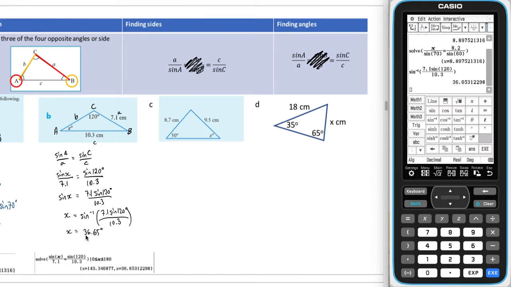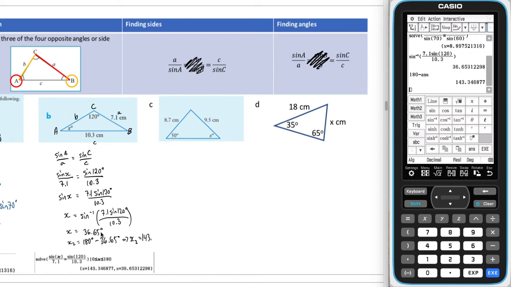We know our supplementary rule: the other angle, which I'm going to call x2, would be 180 degrees minus 36.65 because it's supplementary. If I type this in the calculator and take the answer, we get 143.35 degrees. So there are actually two possible values for this one.